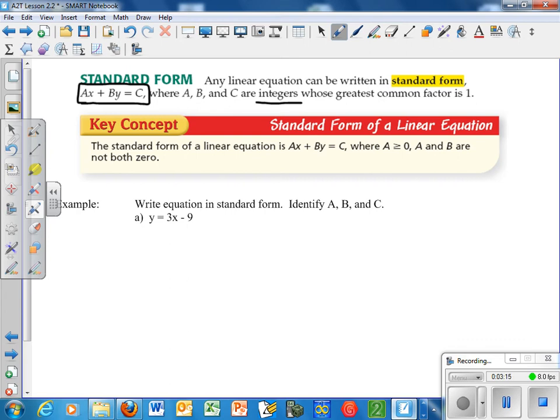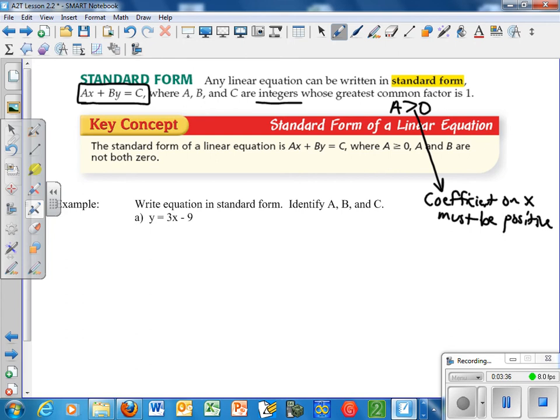is 1. I'm going to add one other thing on there. a must be bigger than 0. What that means is the coefficient, or the number in front of x, must be positive.